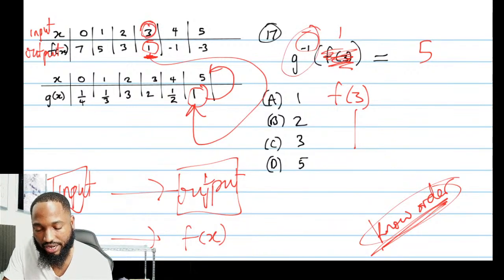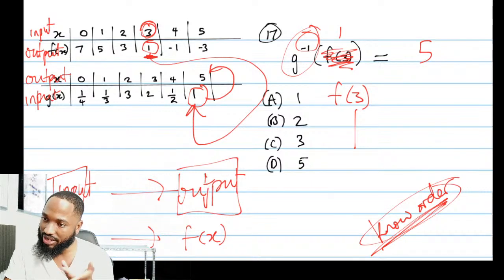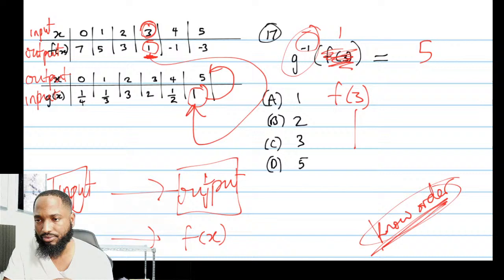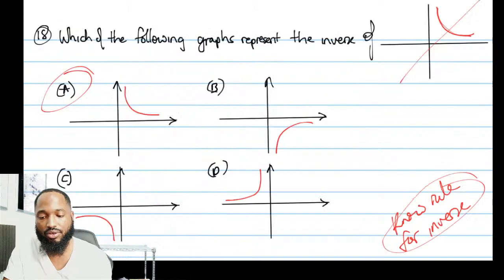You have a g on the outside here. But when you have the inverse, all of a sudden, this is the input now and this is the output. So it's like you're doing the same thing twice, but just pay attention to the inverse. It flips the input and the output. So what's the last number we had? 1. So 1 is the new input because 1 is coming here. 1 needs to go in the input, so we need to find where 1 is in the input, and the output is 5. That's it, the answer is 5.